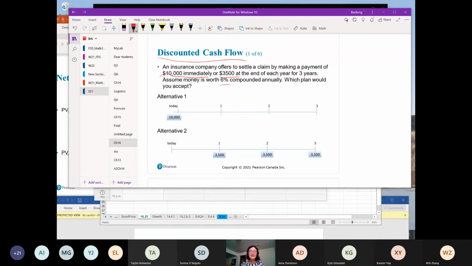Okay, in this case, the bigger the present value, the more it is acceptable. So you would accept the present value that has a bigger number.